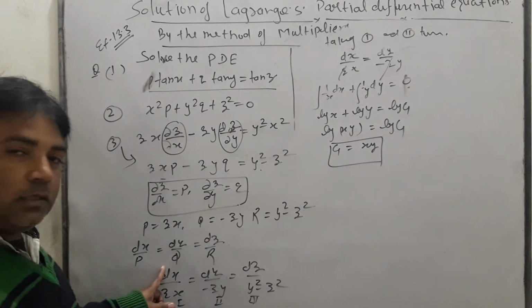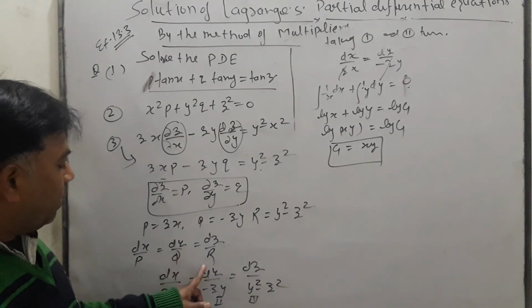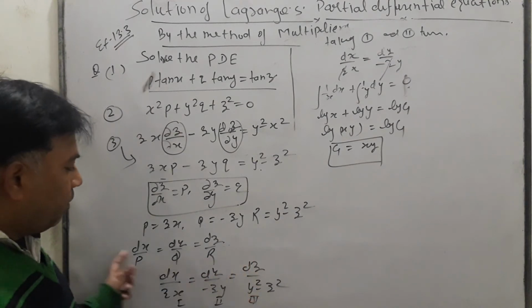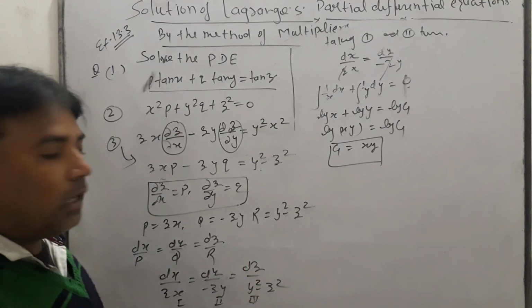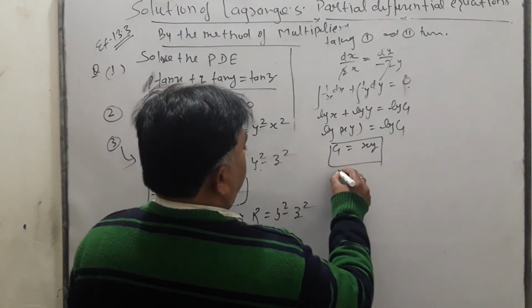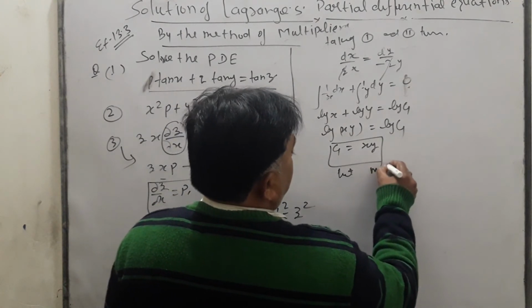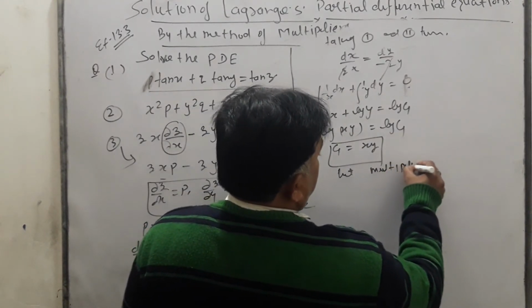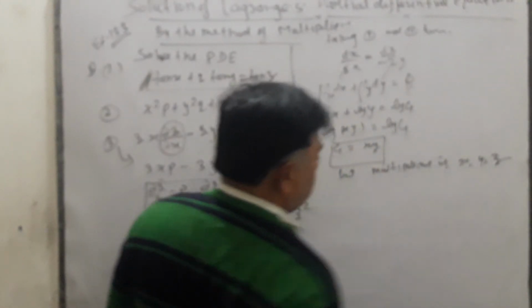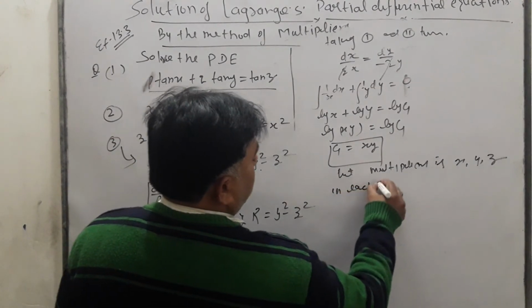Multiply by x in the first term, y in the second term and z in the third term, and add the three terms. Let the multipliers be x, y and z in each fraction.